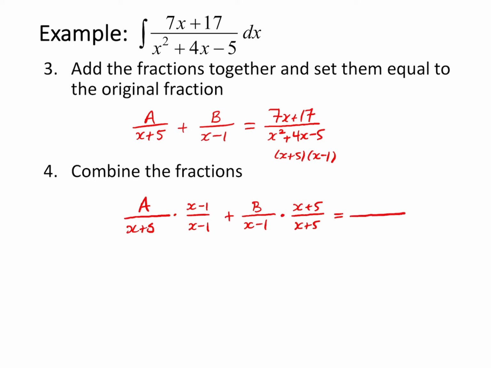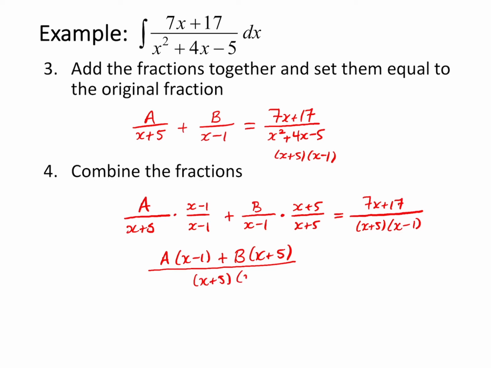And the idea is that this will equal the 7x plus 17 over, I'm going to write that in its factored form, x plus 5 times x minus 1. So we'll have a times x minus 1 plus b times x plus 5 over x plus 5 times x minus 1 equals 7x plus 17 over x plus 5 times x minus 1.